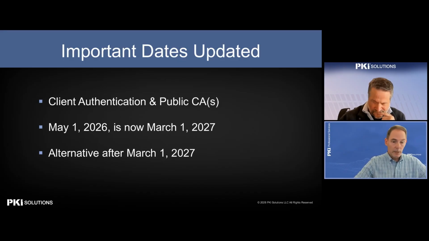It's not our internal PKI, so we don't have full control over it in that sense. However, it's a reputable name, and they can issue client auth certificates past that May 1st date. Since then, however, CAB Forum has said, you know what, we're going to push this out a little bit. So now the new date for the end of client auth from the public CAs is March 1st, 2027. So a little bit of reprieve there.